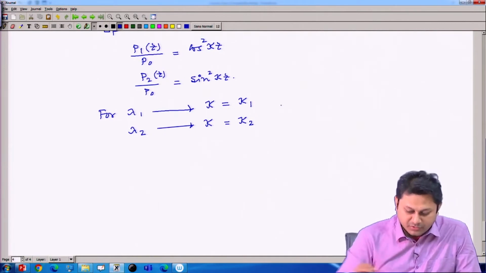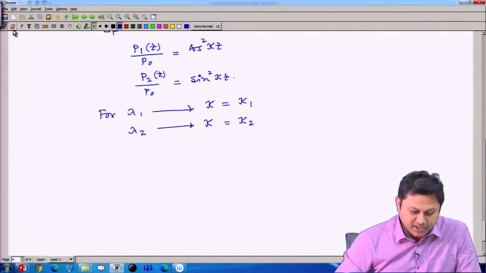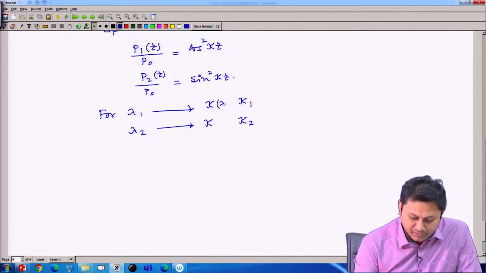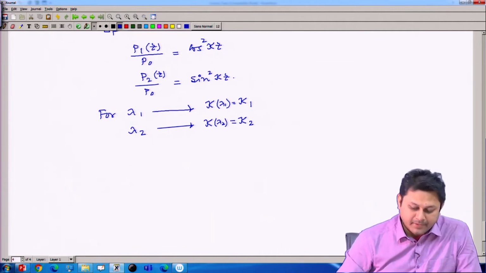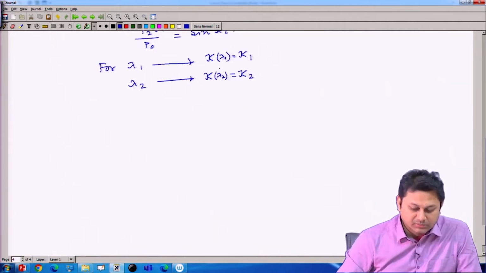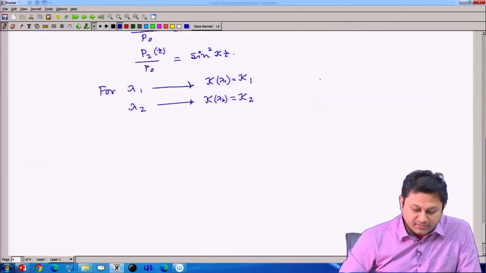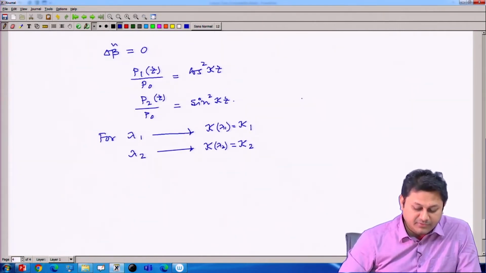So, better to write it this way: kappa at lambda 1 is this, kappa at lambda 2 is this. I can have two different kappas because now my wavelength is different in the system: two wavelengths, lambda 1 and lambda 2, are there. So, my kappas are different, and these conditions are different for different lambdas.